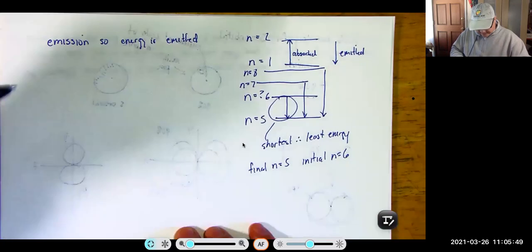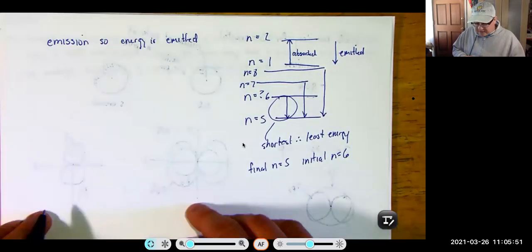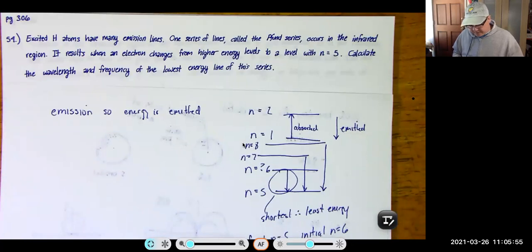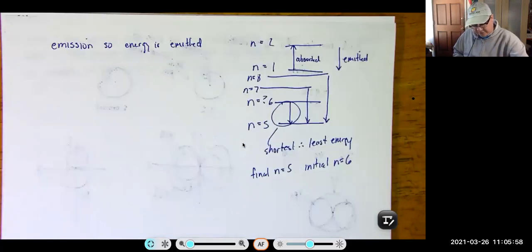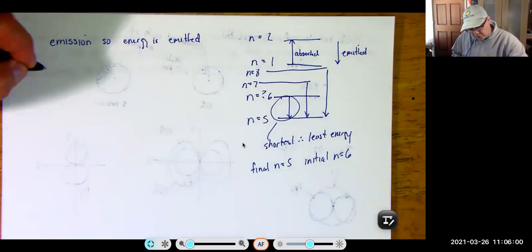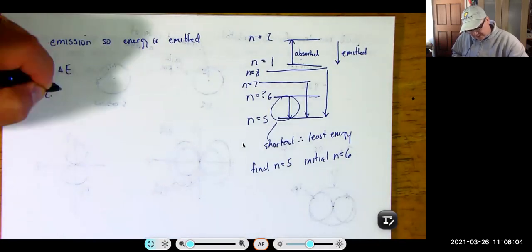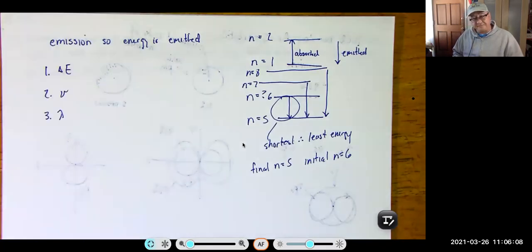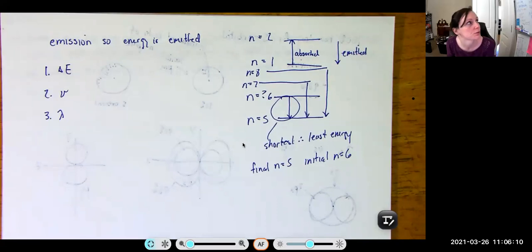First, we want to calculate the energy. It doesn't actually tell us to calculate the energy, but we really want to calculate the energy first. So first, we're going to calculate the change in energy, then the frequency, and then the wavelength, okay? So we would use the Rydberg's constant equation.